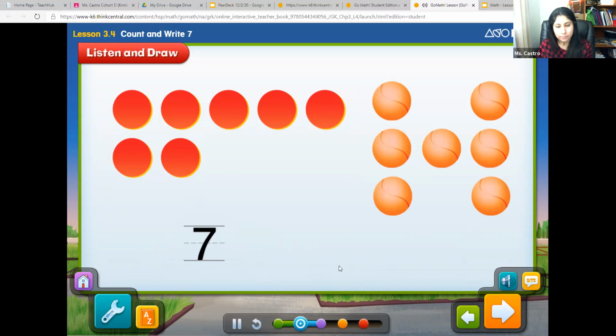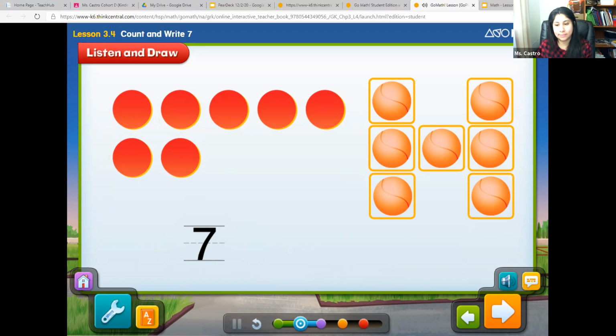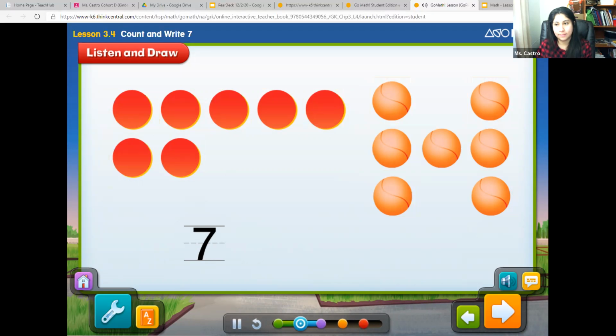Now let's count the tennis balls. 1, 2, 3, 4, 5, 6, 7. There are 7 tennis balls. Select the tennis balls to see the word 7. So what they showed you with the red counters is the number 7 as a number.